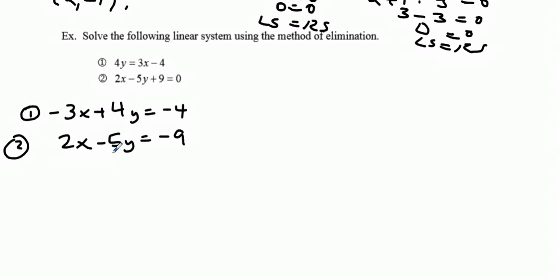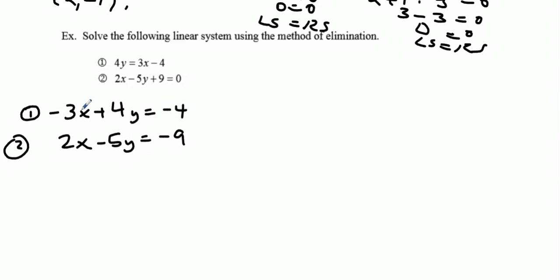So what we have to do first is rewrite these equations in terms of an equivalent equation. Okay? And remember, we can create equivalent equations by multiplying each of the terms of the equation by a number. So here are our options.